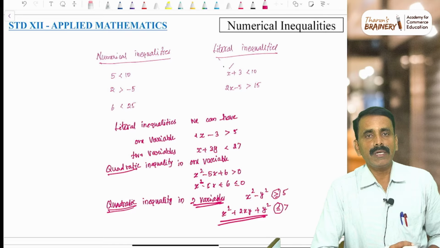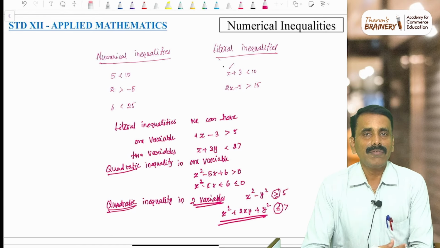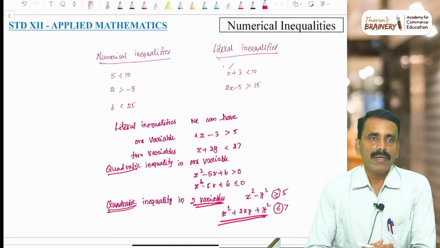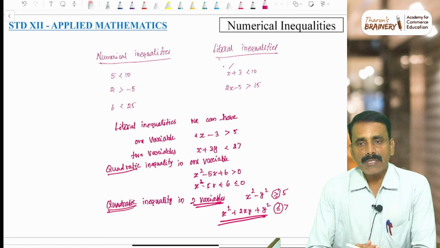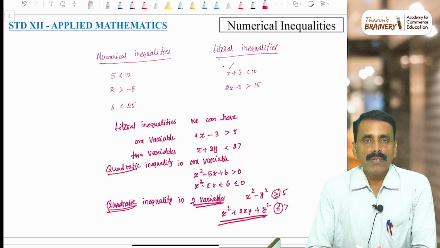One is numerical inequality, the other one is literal inequality. Numerical inequality will not have variables, literal inequality will have variables, and inequalities will be classified into different types, namely linear inequality, quadratic inequality, and so on. And with respect to variables, it will be called linear inequality with one variable, quadratic inequality with two variables, linear inequality in two variables, and so on.